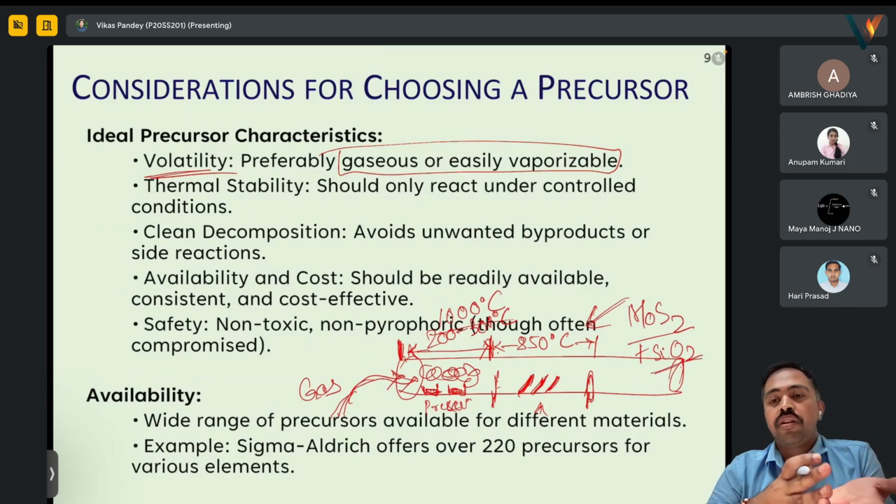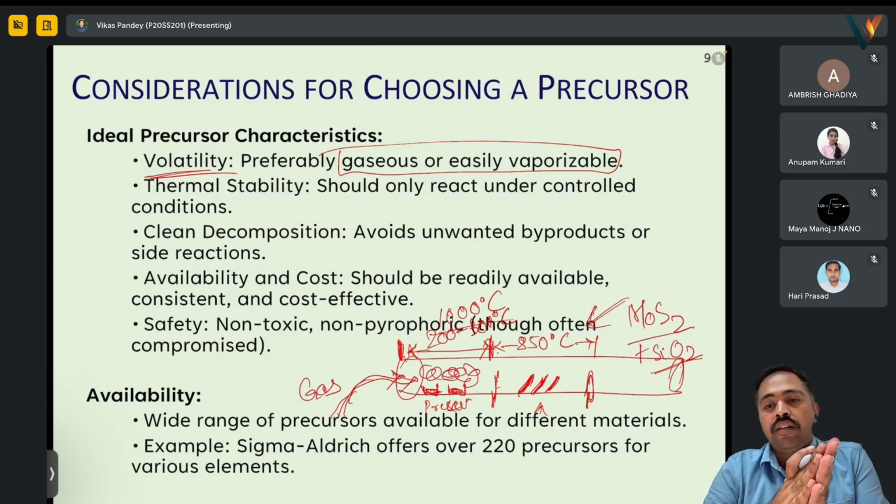It will have a mixture of MoS2 and SiO2. We are not interested in that. We are interested in MoS2 only. Okay. So all other byproducts should be in gaseous form, and it should come out. That is also an important consideration when we are talking about the precursor.